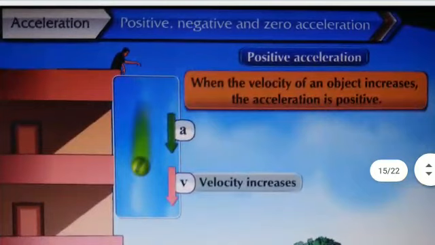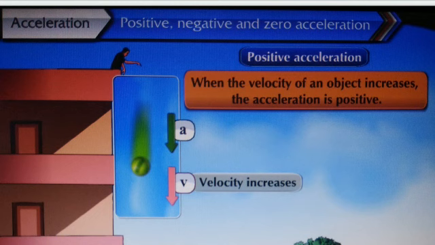Now, let us see the positive acceleration, negative acceleration, and zero acceleration. First is positive acceleration. When the velocity of an object increases, the acceleration is positive.